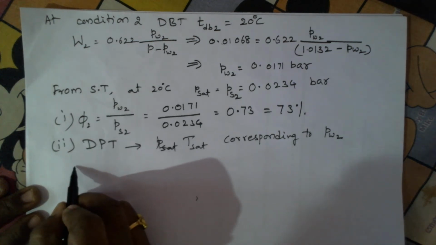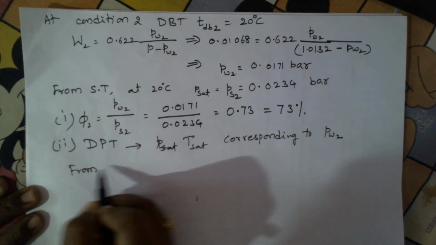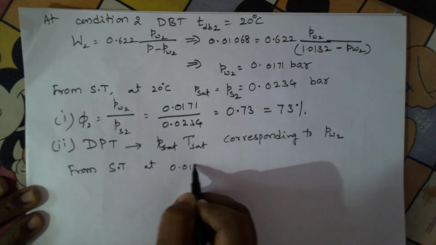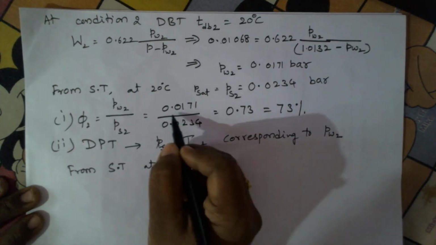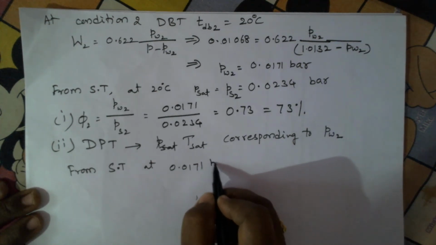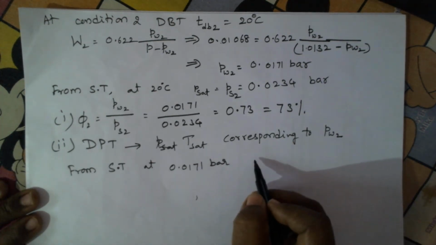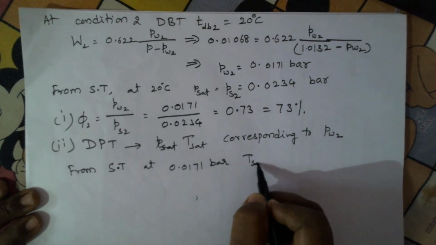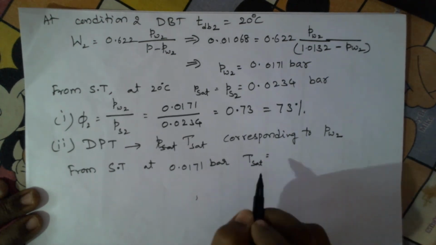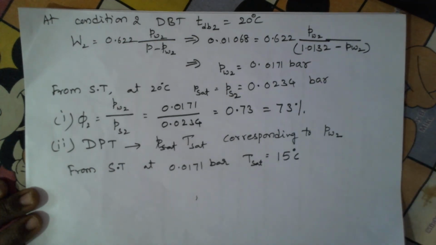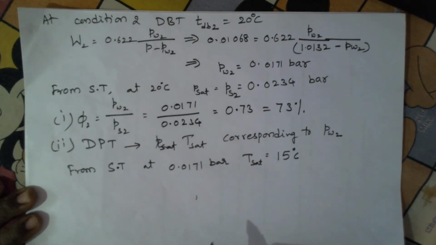So from steam tables again, because PW2 is 0.0171 bar, at 0.0171 bar, T sat is equal to, if this is not obtained directly, please go for interpolation, 15 degrees centigrade. This is the second answer which we require.